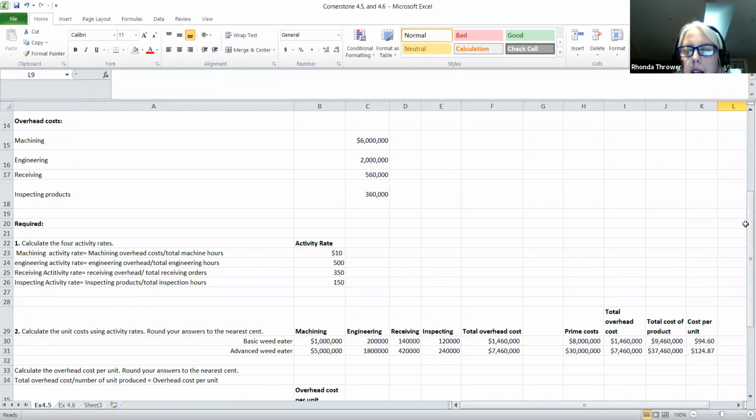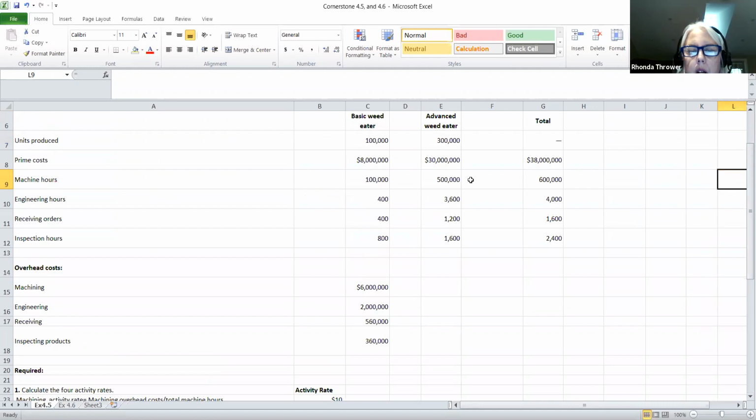So we're only looking at the basic weed eater hours here, which is coming from this column right here. Machine hours was this. This times the machine hour activity rate will give you the total machining for the basic weed eater. Engineering hours times the activity rate will give you the cost of engineering for the basic weed eaters, and the receiving orders times the activity rate for receiving orders will give you the total receiving order cost that would be applied to the basic weed eater.